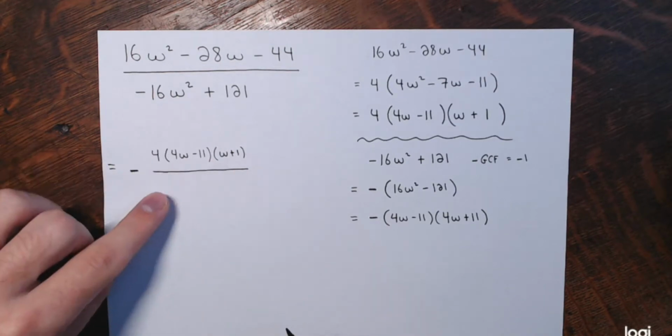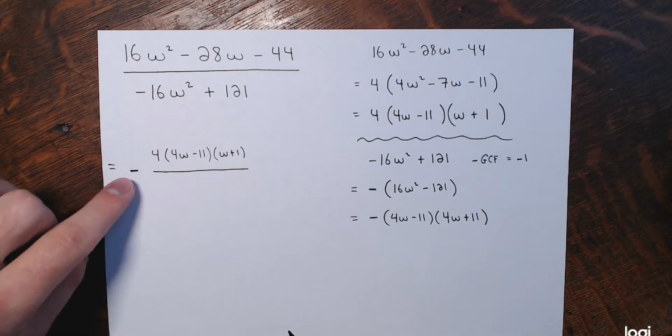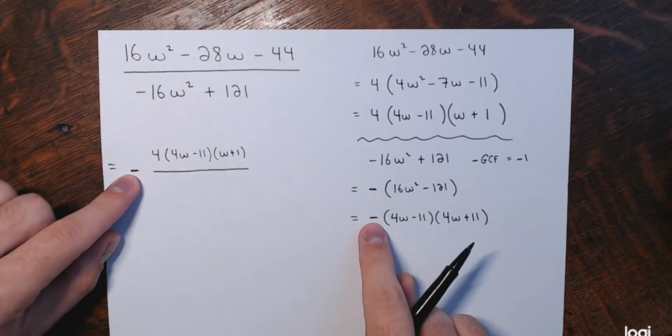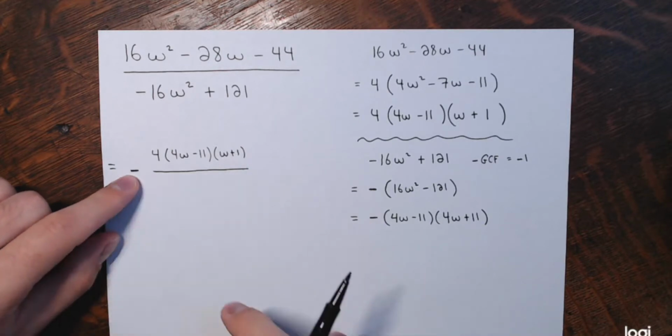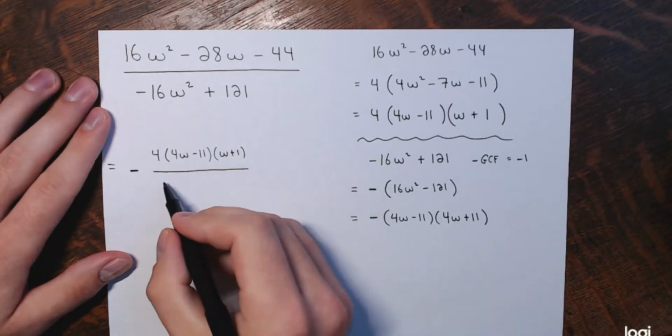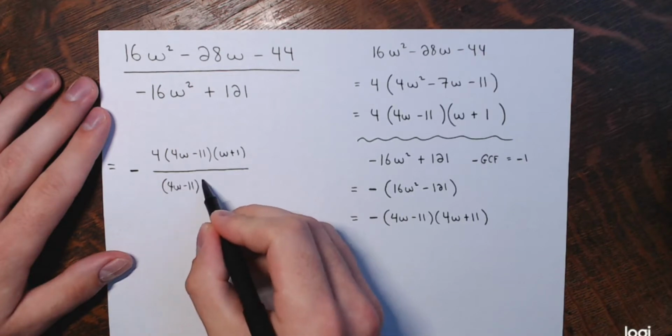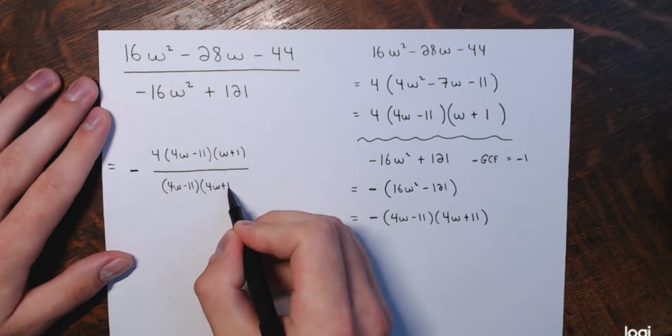Negative 1, or multiply the top and bottom by negative 1, but either way you have a positive divided by a negative. That's going to make a negative result. So I'm just pulling this factor of negative 1 out front, in front of the fraction, which is a legitimate move. And the only other factors left in the denominator are 4w minus 11 and 4w plus 11.